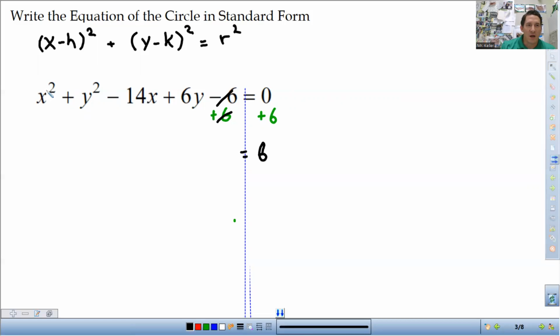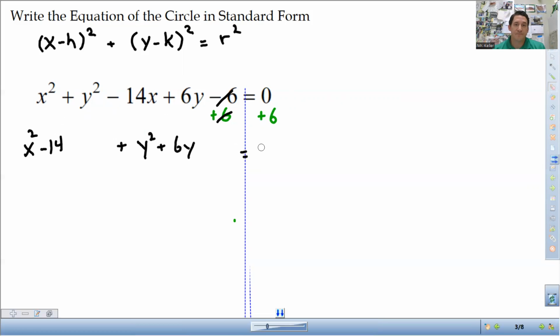Then I'm just going to reorganize this. So it's going to be x squared, I'm going to move the minus 14x next to there, and give some space in between. We're going to need some space. And then it's going to be y squared plus 6y, and you're going to need some space there.